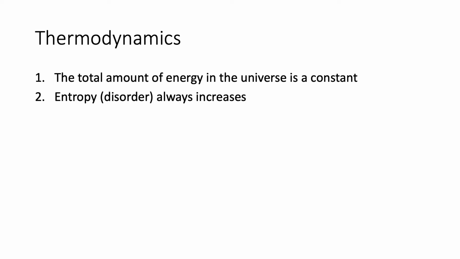Okay, the second law of thermodynamics states that entropy or disorder will always increase. Basically, entropy is a measure of disorder in a system. So all life has pretty low entropy because all life is pretty well organized, while dirt has higher entropy because it's not nearly as well organized.